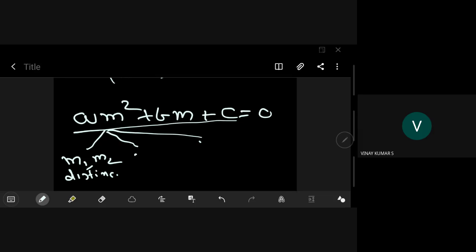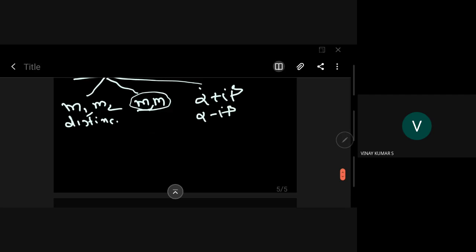Or we may have the same root m comma m, which is called a double root. The other one is complex roots, alpha plus i beta and alpha minus i beta. They are the possibilities.